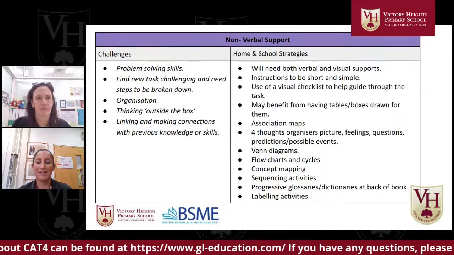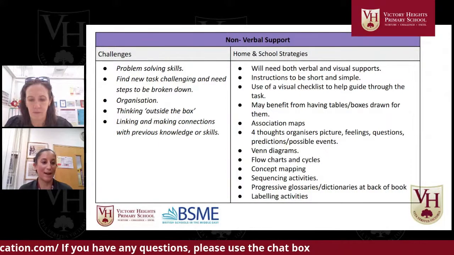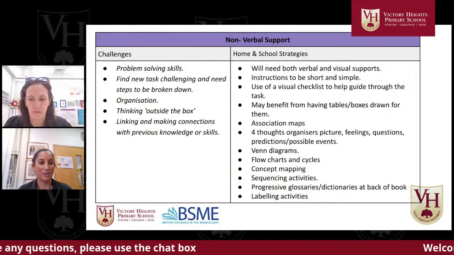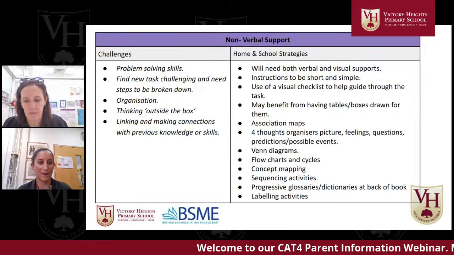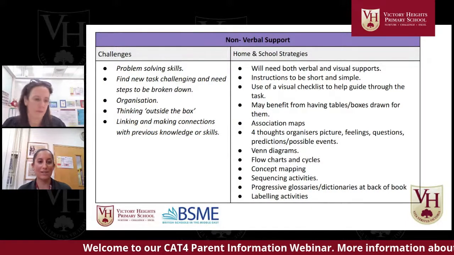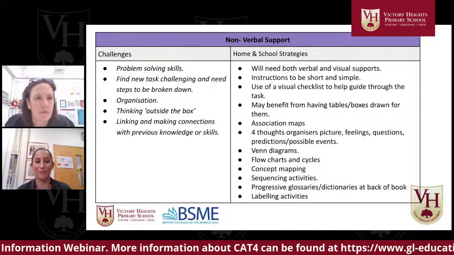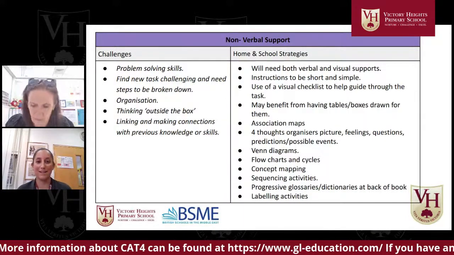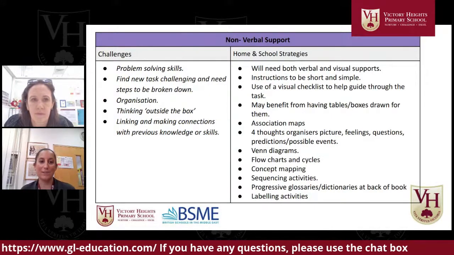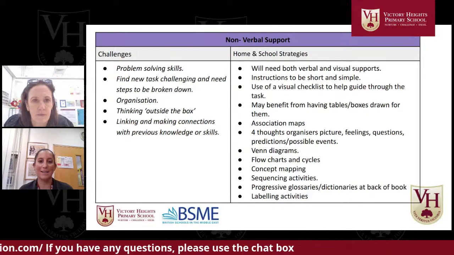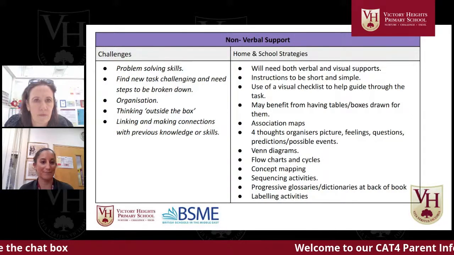We may find that they are able to learn a concept, for example, in maths, but then find it hard to generalise that and put that into another subject, or make those connections where if one step was slightly changed, are they able to look on prior learning and go, oh yeah, that's what I need to do, I can figure that out, rather than learning things as a step-by-step approach. And again, the challenges would be that they could find new tasks and new learning a bit trickier and need things to be broken down.